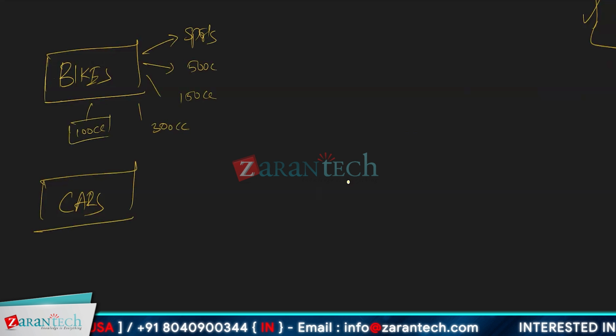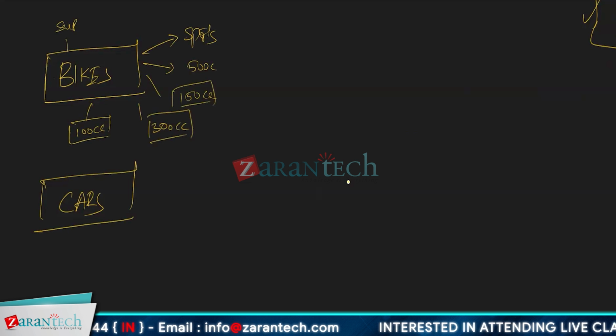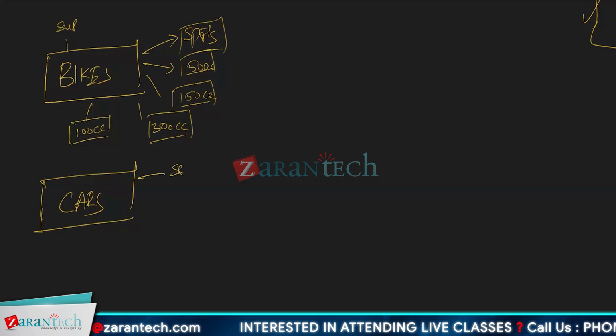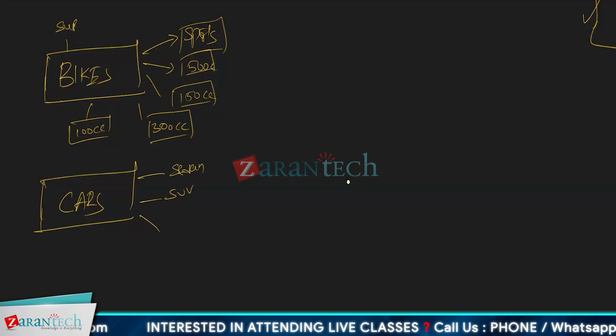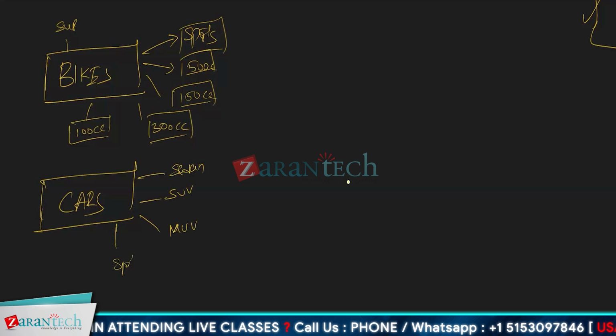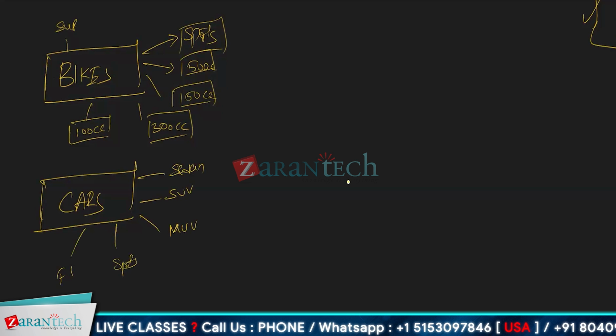Suppose this is an organization. Just assume this is a supervisory org. These are all subtypes. Suppose for cars, you have sedan, SUV, MUV, sports, F1.